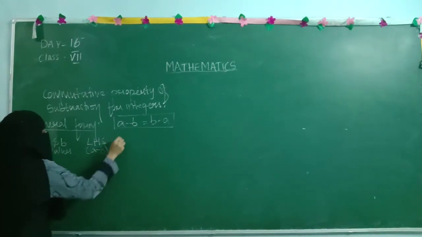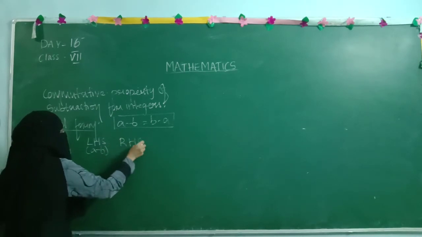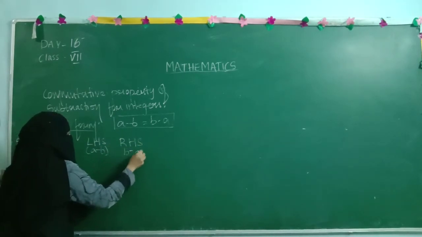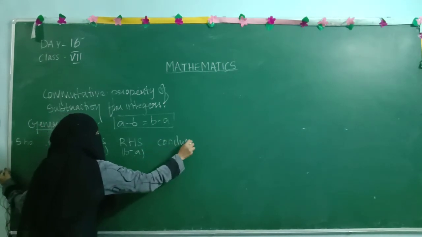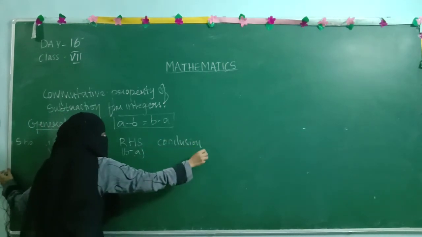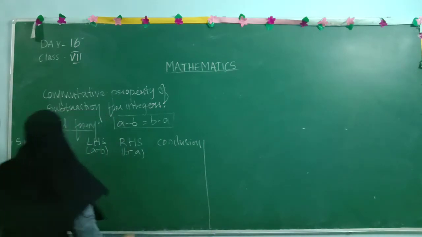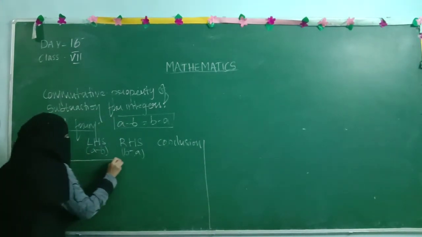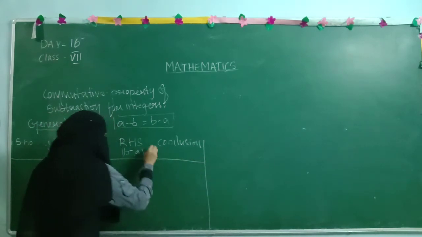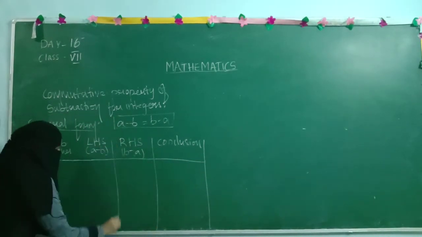A minus b. RHS, b minus a. Conclusion. This will make it very easy for you to understand the concept clearly, whether they are equal or not.